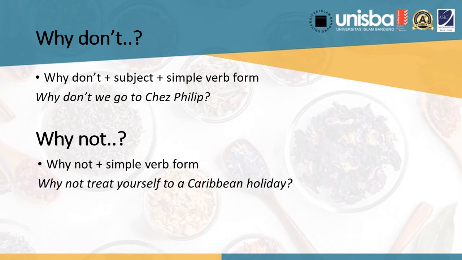The structure is why not plus simple verb form. So here's the example. Why not treat yourself to a Caribbean holiday? In this example, the subject is you, but it is not directly stated. And the verb is treat.